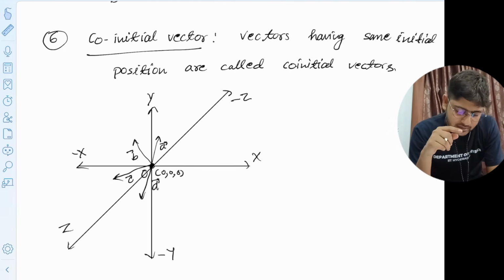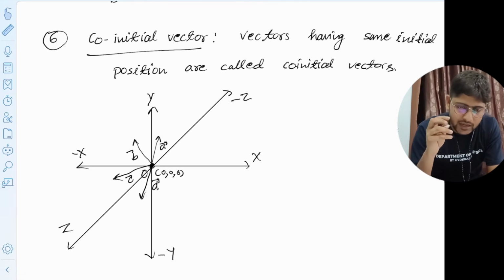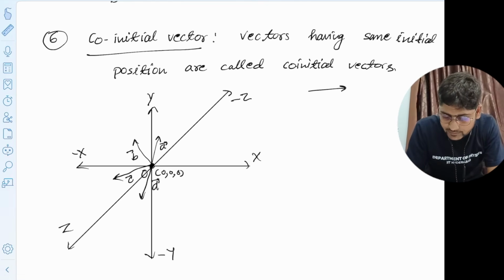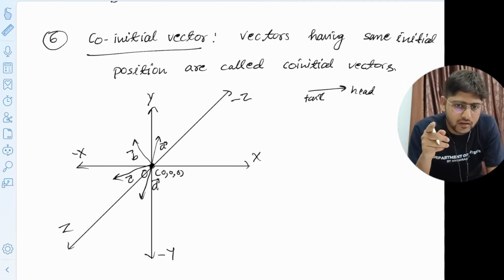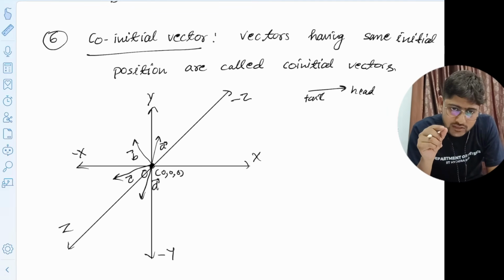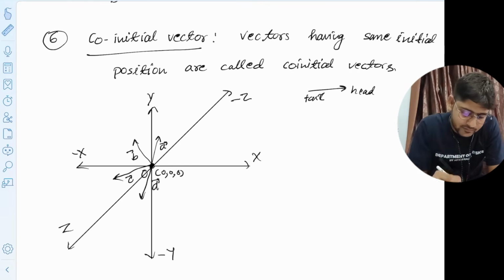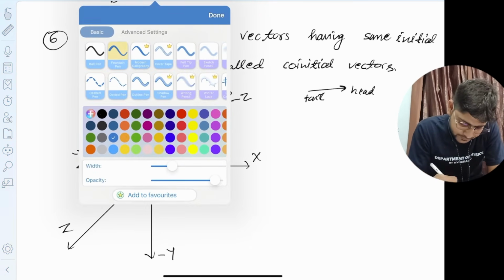Why? Because they have the same tail. A vector has a head and a tail. Suppose this is our vector, this is the head of the vector, this is the tail of the vector. If all vectors have the same position for the tail, then those vectors are called co-initial vectors. We can take another example also.